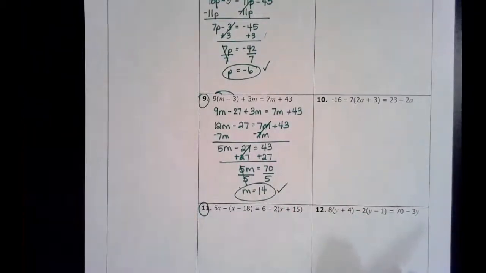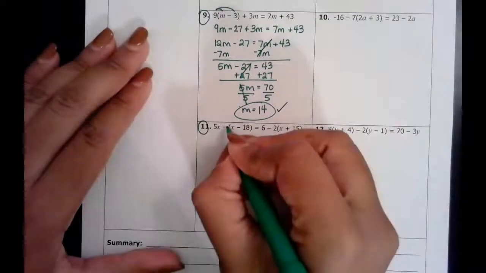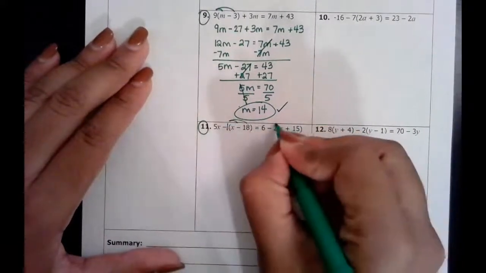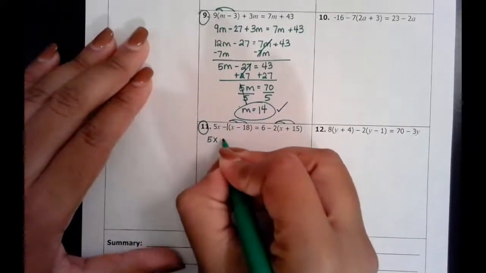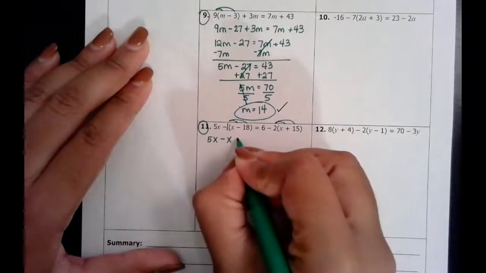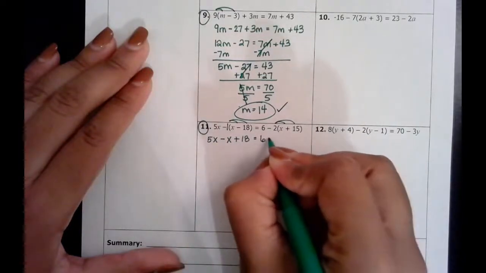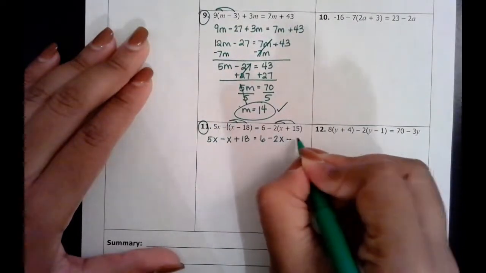Now to number 11. I'm distributing a negative 1 and a negative 2. So when I rewrite this, I should have 5x minus x plus 18 equals 6 minus 2x minus 30.